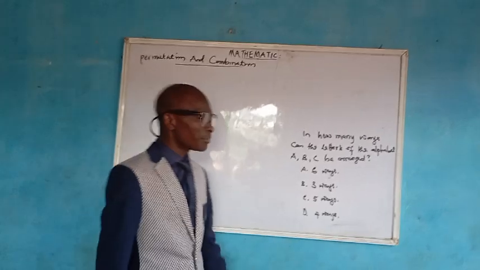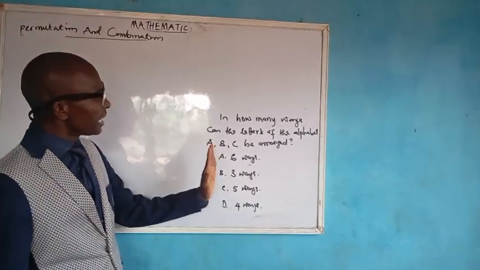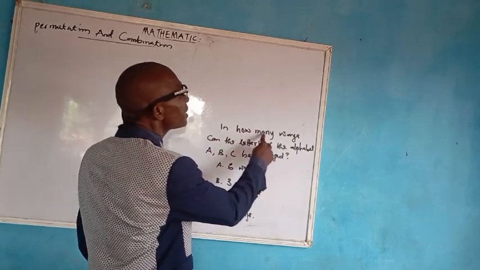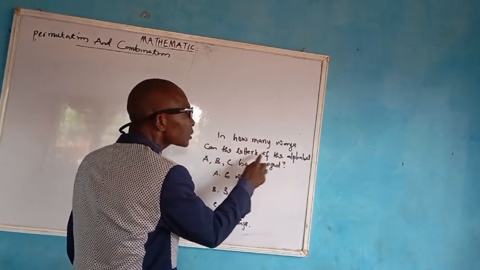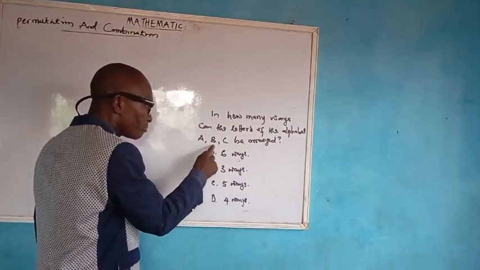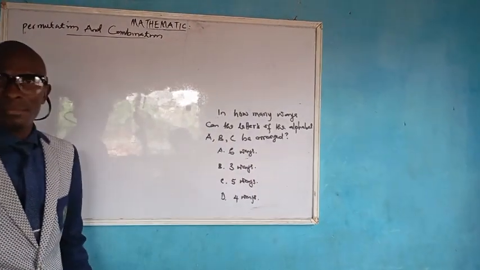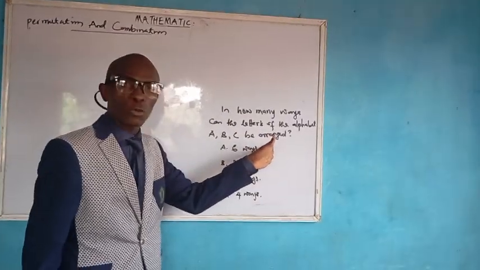Now, let's look at this example. A question can come in this way. They will ask you, in how many ways can the letters of the alphabet A, B, C be arranged? Now look at the options given. How do you attempt this kind of question?